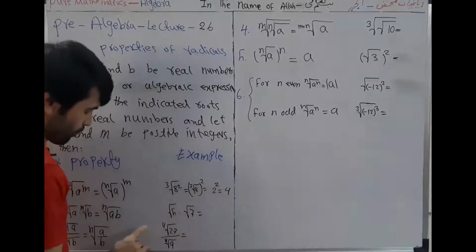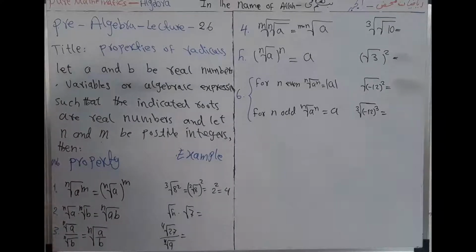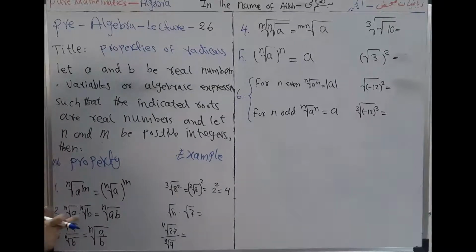Rule 2, if we have radicals which are multiplying each other with the same index, n root of a into n root of b, it is equal to n root of a into b.